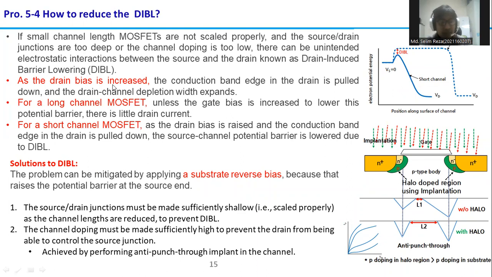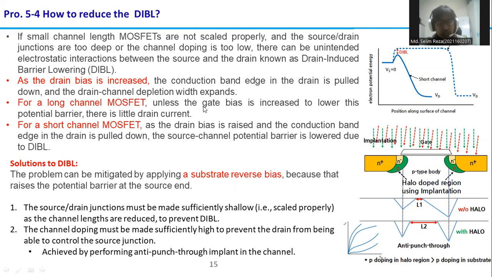As the drain bias is increased, the conduction band of the drain will be pulled down and the drain channel depletion width will be expanded. The depletion region will be expanded like this one, and expanded and expanded.